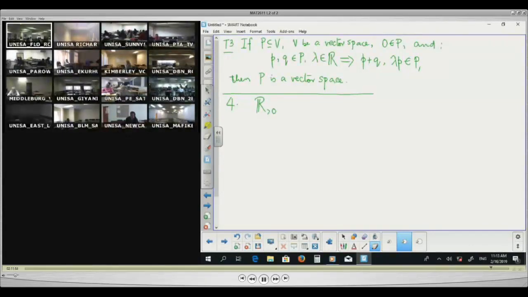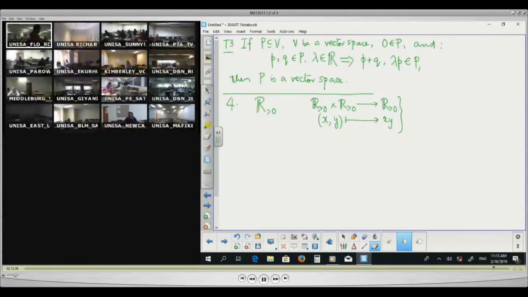I take the multiplication. You already see it's commutative, associative, has an identity. What is the identity? 1. And what's the inverse? 1 over x. Right? Good.